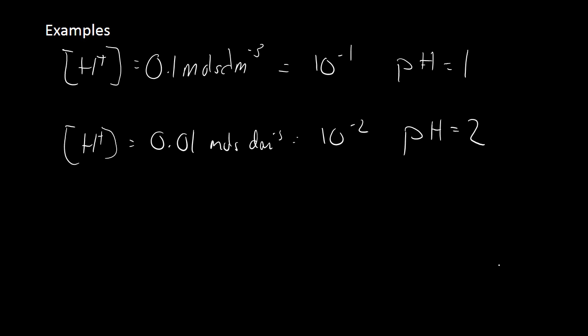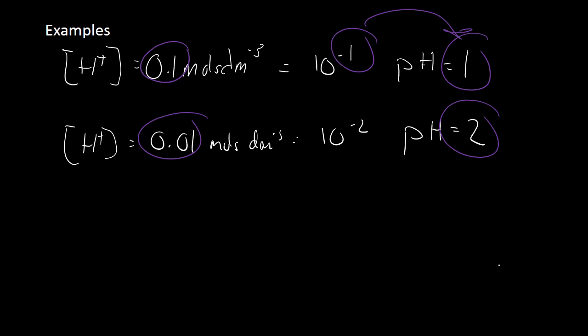When they're nice clean numbers like this, we're only working with a 1 and then a placement beyond 0, and that gives you the value of your pH. We have a 1 here, a 1 as your pH value, a 2 here, that's your pH value. It gets tricky if it's not 0.01 but 0.02, and so on, and that's why you need those calculations.